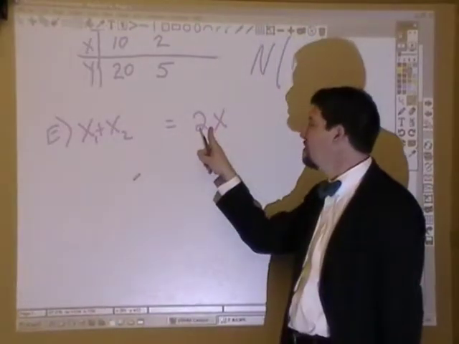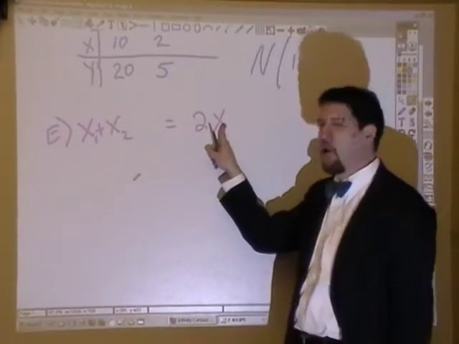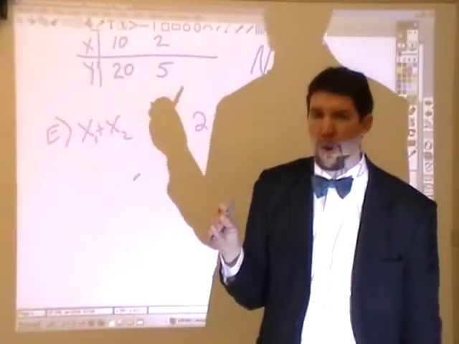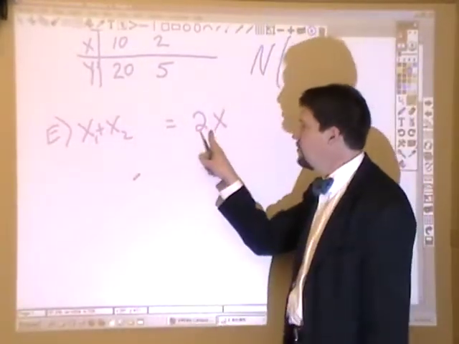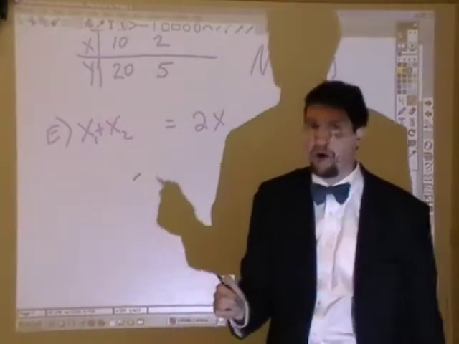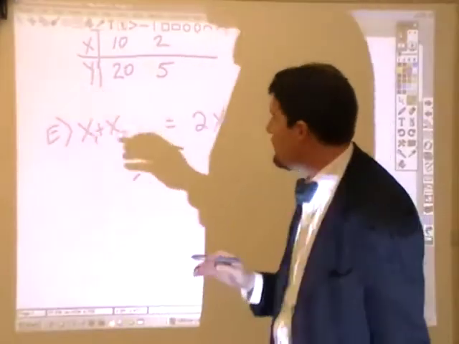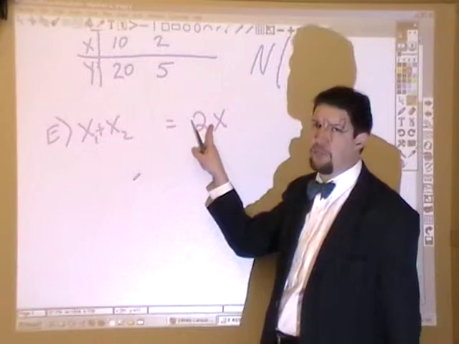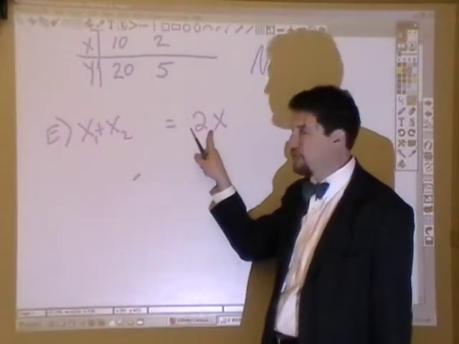As opposed to 2 times X, where Best Buy is going to sit there and say, what we've done is we've doubled our prices. So when you see these questions, what you need to ask yourself is: is this iPod plus iPod, or is this 2 times the price of an iPod because they've doubled their prices?